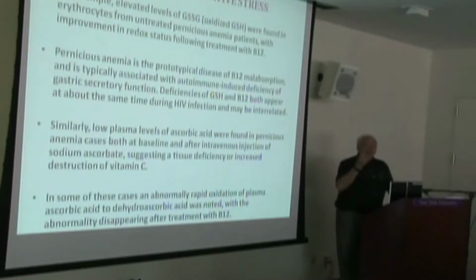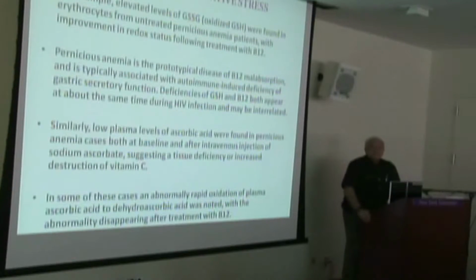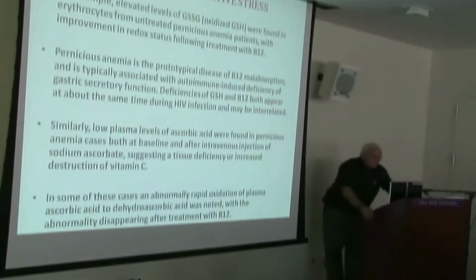So if you're totally deficient of a vitamin, by definition, a vitamin is an essential nutrient. Without it, you get sick early and you die soon. It's essential. Just like there are also essential trace minerals, such as iron and copper, and cobalt in the form of B12.